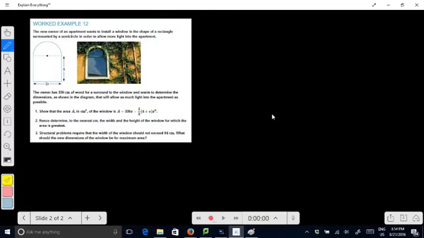So let's do those individually. The area of the rectangle is going to be base times height. In this case, we've got 2x times h, or just 2xh. And then the area of the semicircle is going to be half pi r squared.